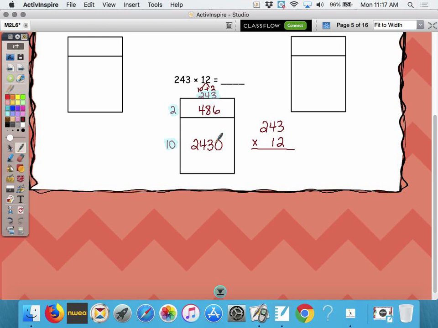So now, turtle head, if it helps you. 3 times 2, 6. 4 times 2, 8. 2 times 2, 4. Is that a match? Yes. Okay, draw your arrow. You can draw a column and write a 0, or you can think, I have to add a 0 when I multiply by 10, right?